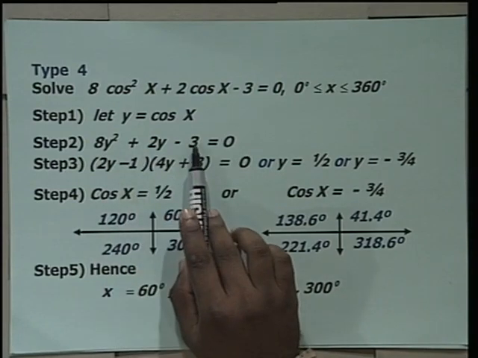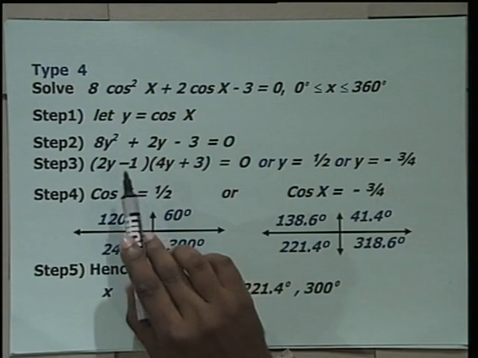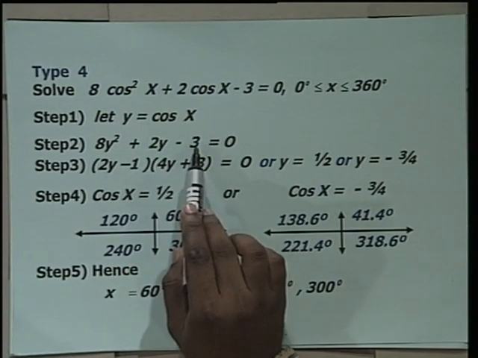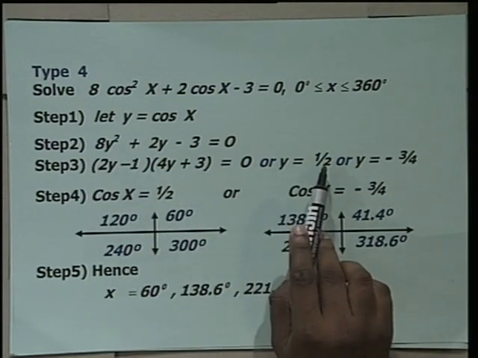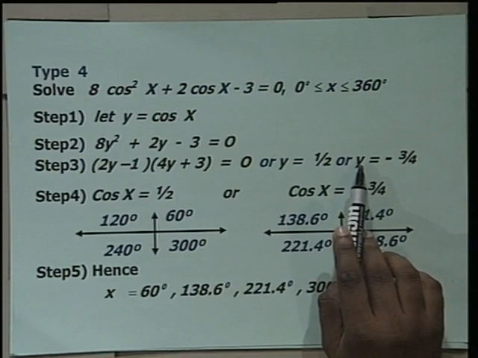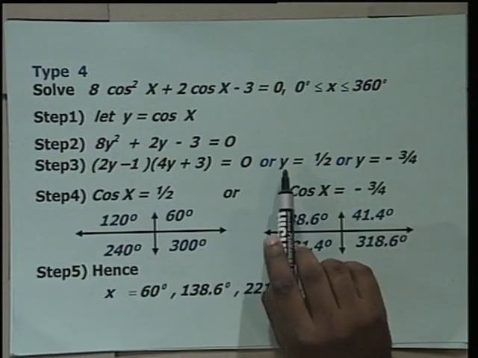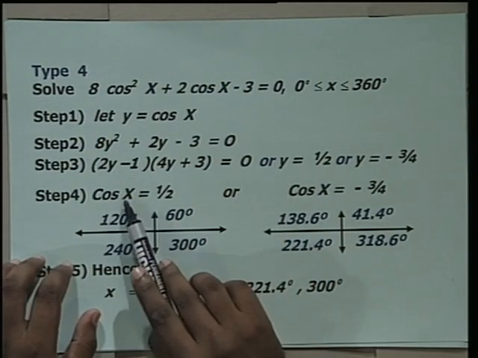This is a quadratic equation, and you can use any method to solve it. Here we have used the factorization method. So we have factorized the quadratic equation and solved it to obtain y is equal to half or y is equal to minus 3/4. So y will then be replaced by cos x.